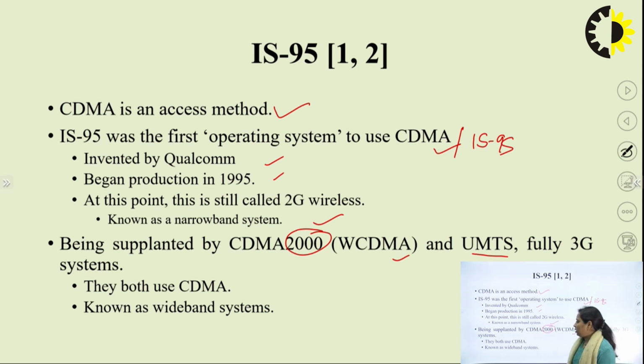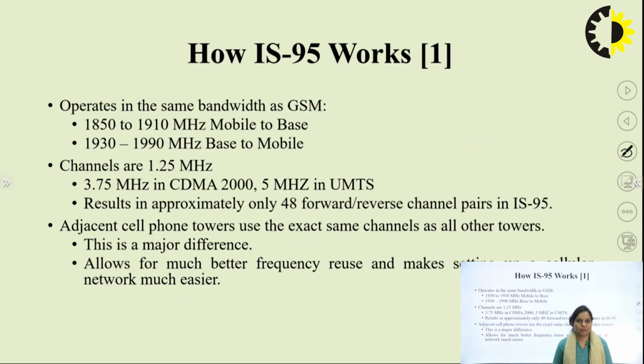It is a fully 3G system. Till GSM it was second generation, and with the increasing number of users and the requirements increasing day by day, it became associated with third generation. Now, they both use CDMA and it is known as a wideband system.